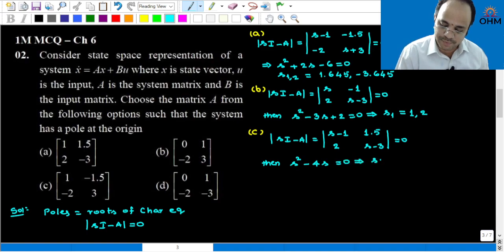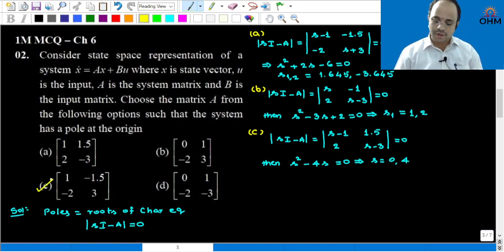Then the roots will be s is equal to 0 and 4. Therefore, in this case, there is a pole at the origin. We got the required answer. So, you need not go for option D because it is simply an MCQ. Only one answer will be the correct answer.